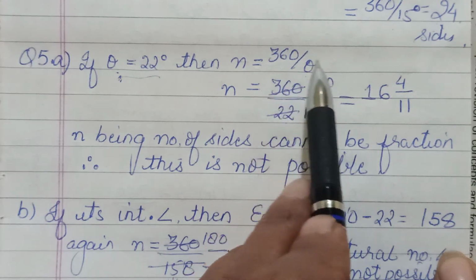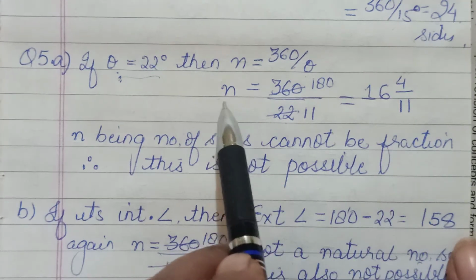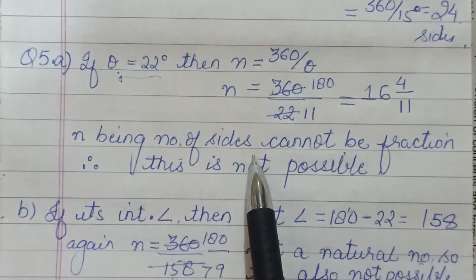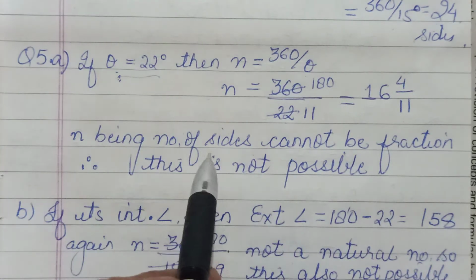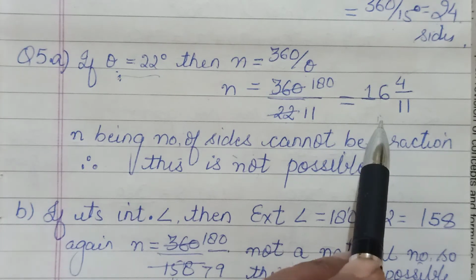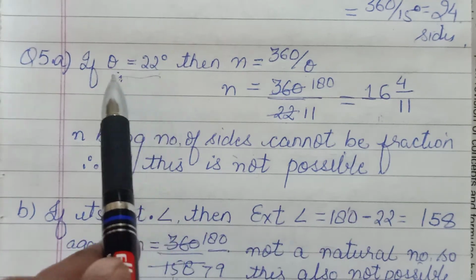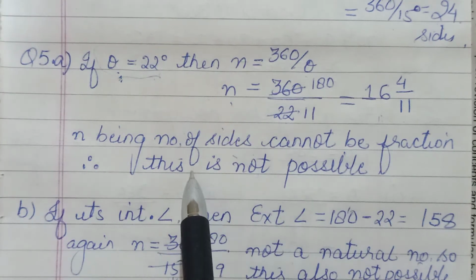When you work this out to find n, n comes out to be a fraction. N means the number of sides. The number of sides cannot be a fraction. It has to be a natural number: 1 side, 2 sides, 3 sides, 4 sides, like that. So if this is coming out to be a fraction, then that is a contradiction. So we would say that this angle is not possible. If this angle was possible, then we would have got the value of n as a natural number.